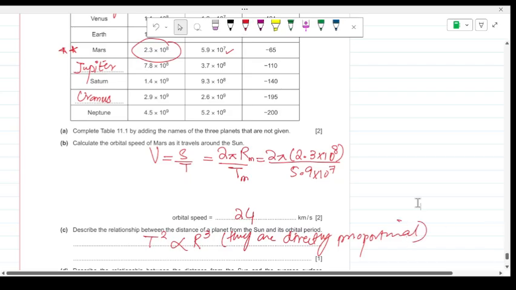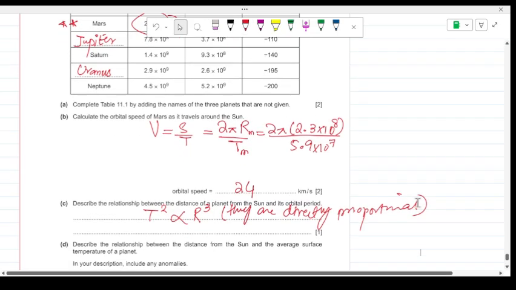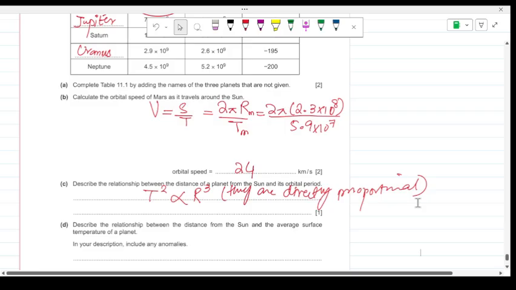Moving on to the next part: the relation between the distance from the sun and the average surface temperature of the planet.